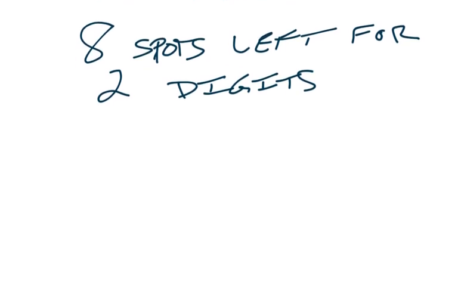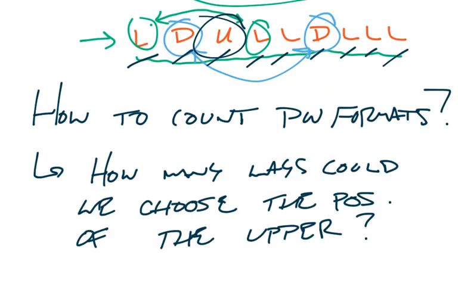So, 8 spots left for 2 digits, and remember what I was saying back on this page, in light blue right here. If we were to interchange the positions of 2 digits, that would still be the same format for a password. Just like if we were to interchange any 2 lowercase letters, their positions, that would be the same format for a password.